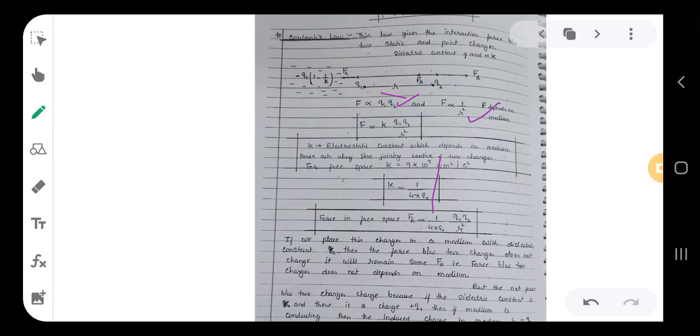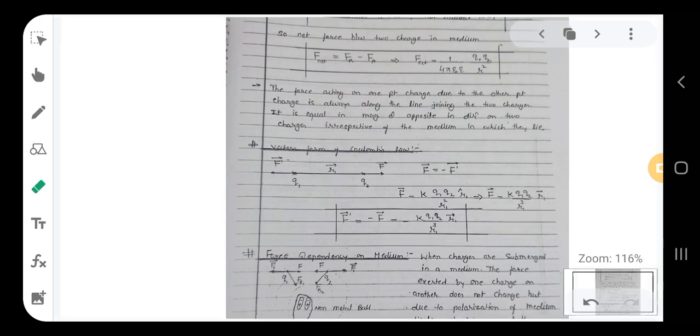Experimentally, k is given as 9 into 10 raised to 9 newton meter square per coulomb square. Force in free space is given by 1 by 4 pi epsilon naught times q1 q2 by r square. So this is the statement of Coulomb's law.